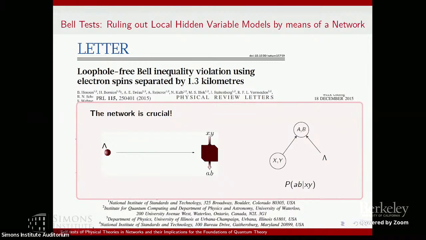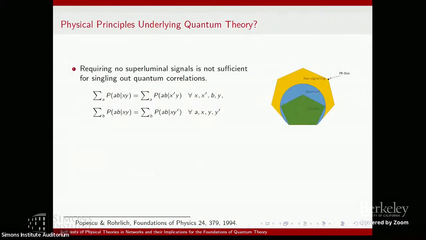Okay, and this is a way to think that maybe these networks are fundamental in this respect. Now we can go a step further and think about, well, the network is important for ruling out classical theory, for instance, but could it be that the network already tells us somehow that we're in the quantum world?